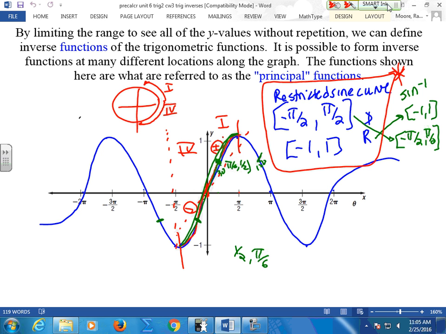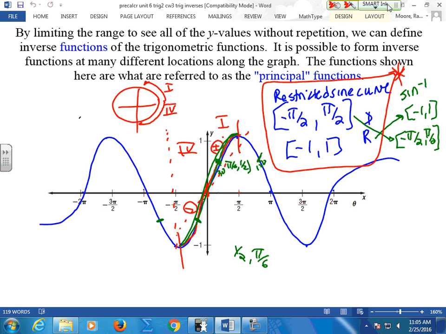Because when we look for restricted angles, when we do true inverses, we can only look in this section. And we always end up with one quadrant positive, which for all of our functions is going to be quadrant 1. And then one of those quadrants will be negative. For sine, it happens to be negative in quadrant 4.